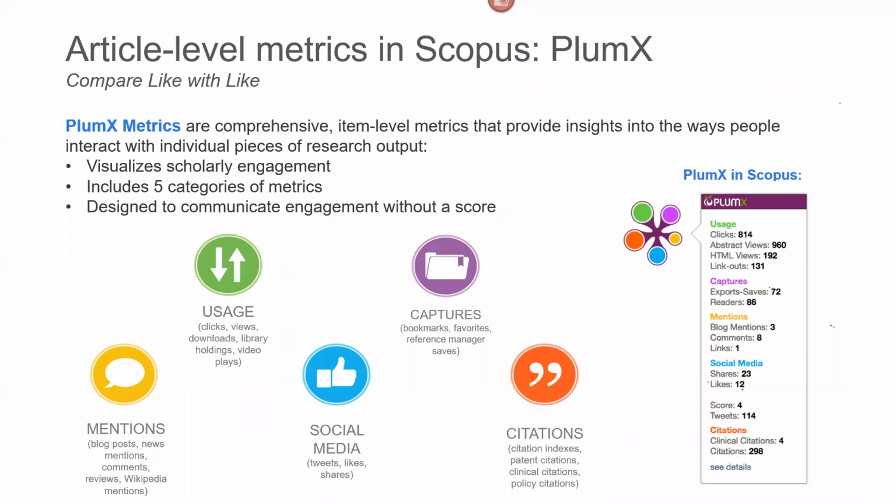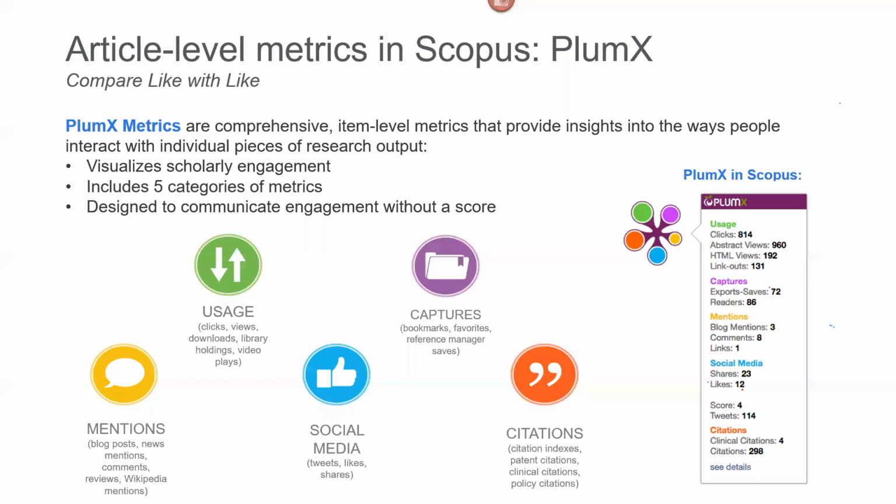Another level of metrics is on the article level, and that is from PlumX. PlumX is one of the alternative metrics. It's not a traditional metric like the ones in the previous slide we talked about. The PlumX metrics measure usage, so it captures the footprint of the article in different databases and different places, for example social media.